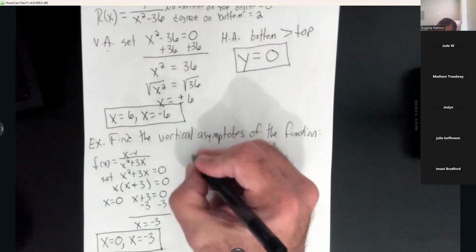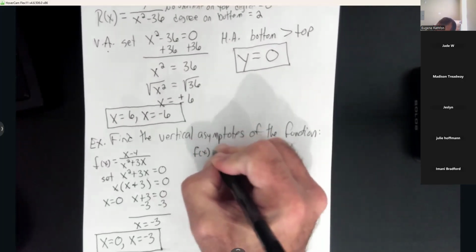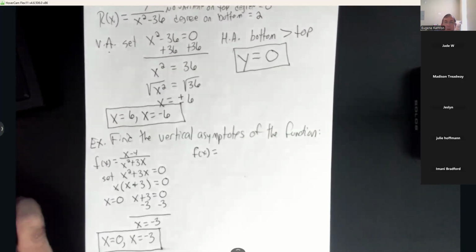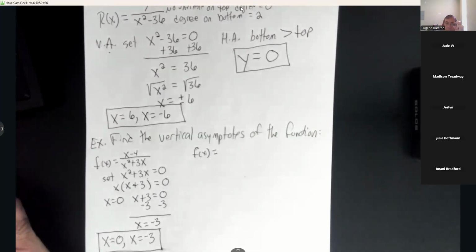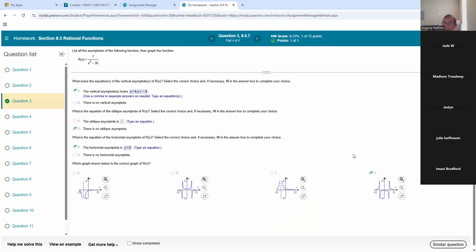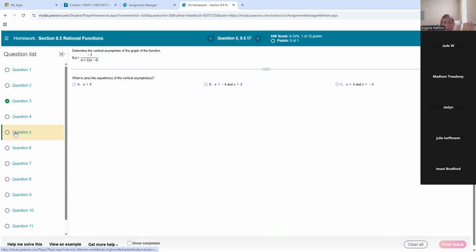All right, y'all, this one. So let me pull some off of MATLAB real quick. Let me see what they got going on. All right, so look what they got. F of x equals negative 3 over x plus 2, x minus 4.